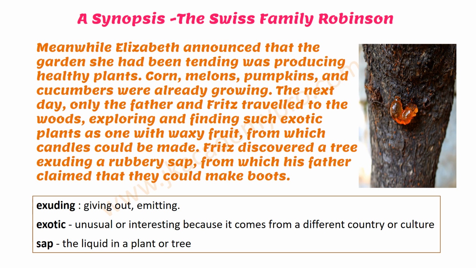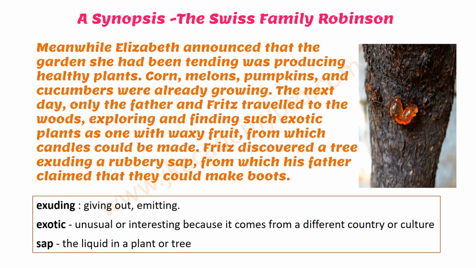And exotic means very unusual or something very different from what you have seen earlier. So they found such exotic plants, as one with waxy fruit. It had fruit from which wax-like stuff came out, from which candles could be made. So that is what father thought: Fritz, these fruits are good. Though we can't eat them, we can make candles out of them.